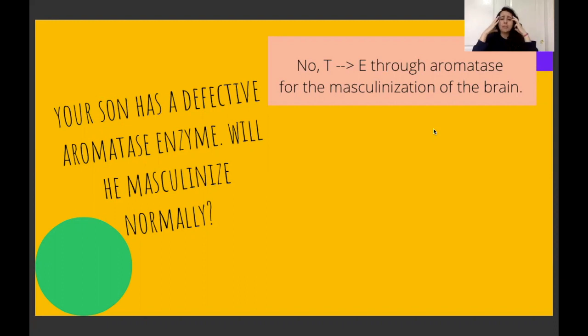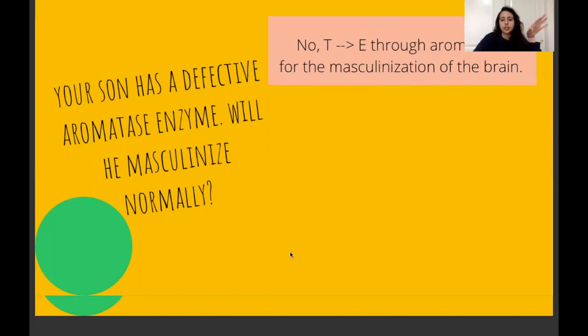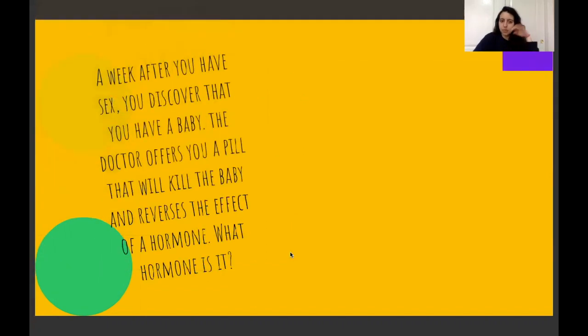And without testosterone being converted into estrogen, there is no normal masculinization of the brain. In other words, you need estrogen for your brain to masculinize.